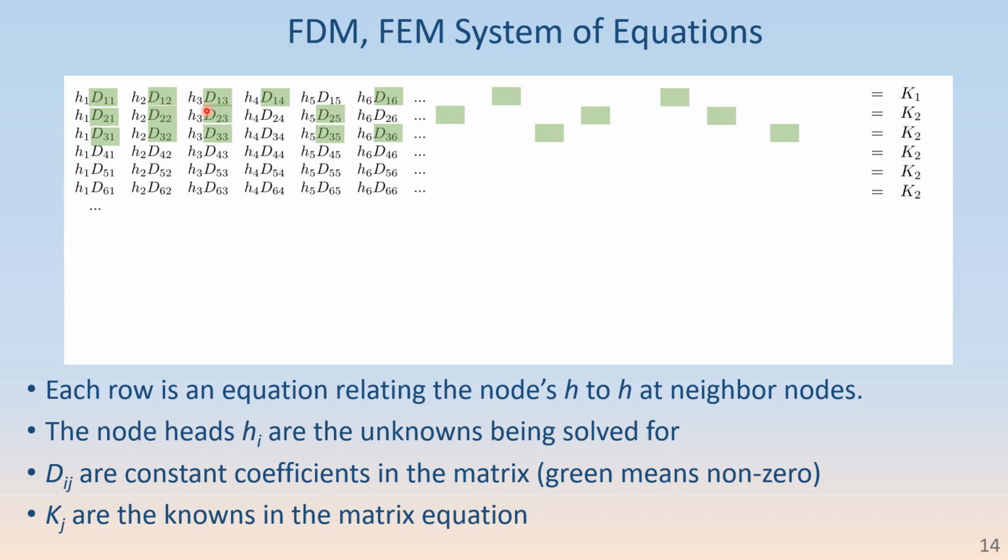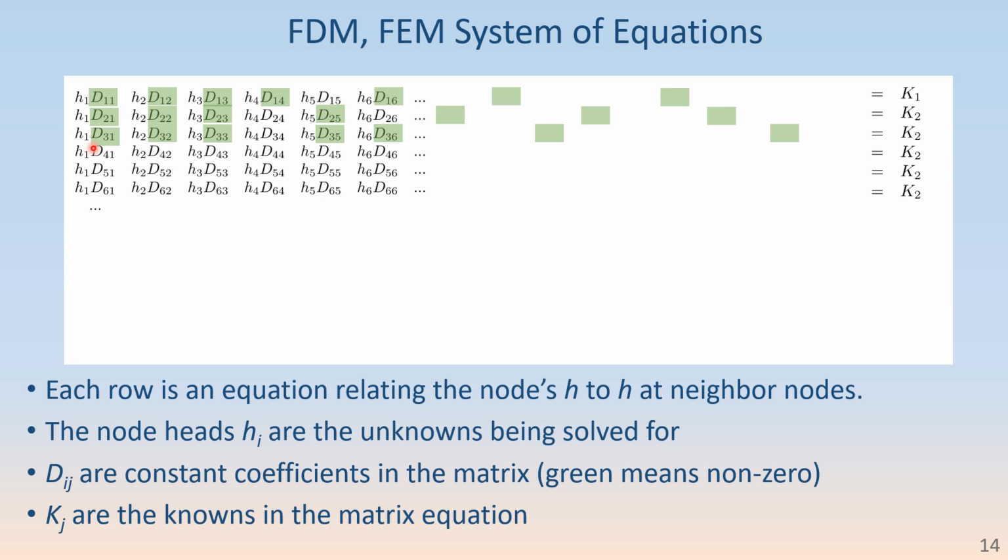And in this case, each of the first 3 rows I've put in the boxes to represent where those coefficients are non-zero. And in each of those 3 rows, there are 7 non-zero boxes. And that's because in a rectangular grid like MODFLOW typically had done, there would be the node itself and 6 neighbor nodes in the 3 orthogonal directions.